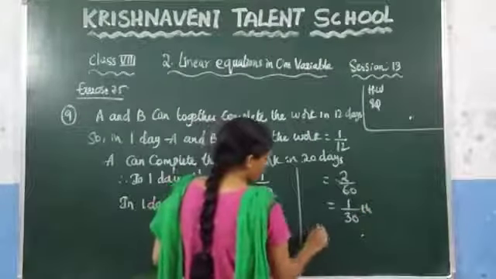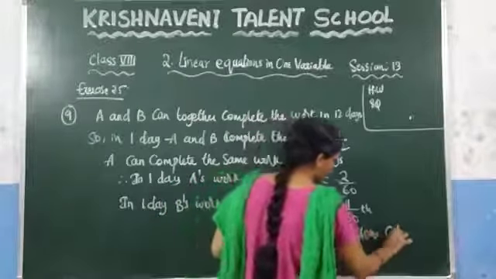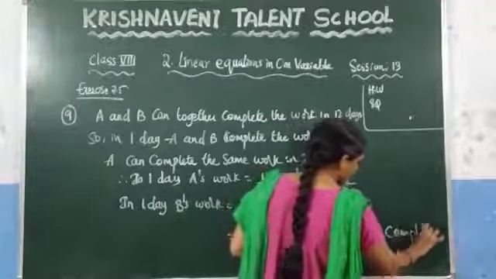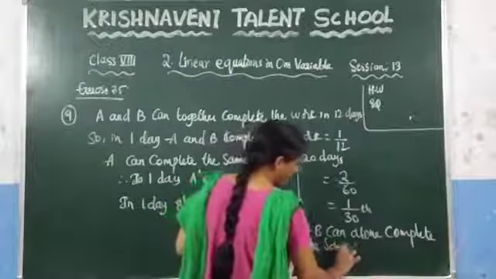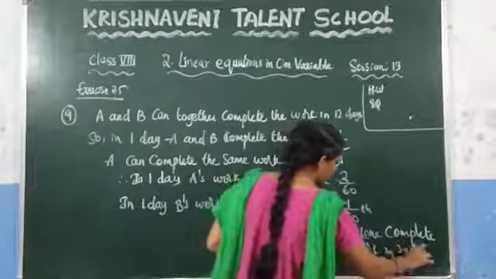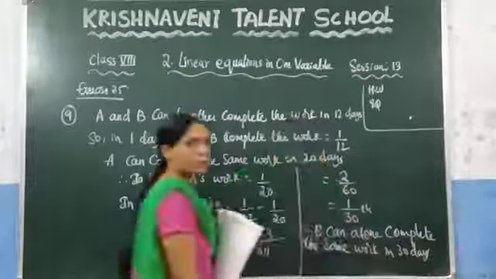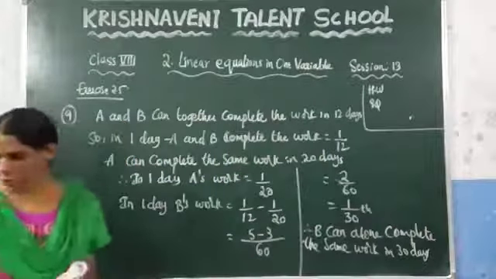Therefore, A can alone complete the same work in how many days? In 30 days. This is the problem. Now see the next question, which is the 10th question.